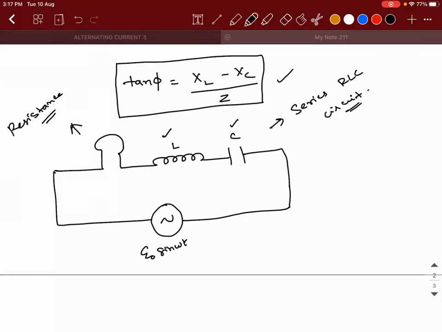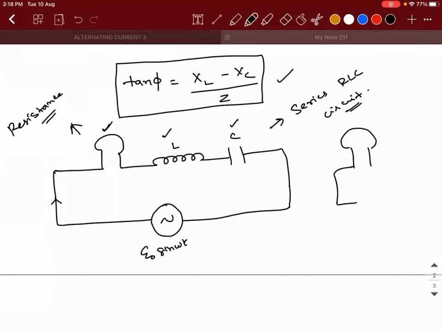Now see, now I have a question. When this circuit is closed, can I say the same amount of current is going to pass through the bulb, the inductor, and the capacitor because they are in series? First point to be noted. The second important point is when current is flowing through this bulb, see, there are two things, guys.